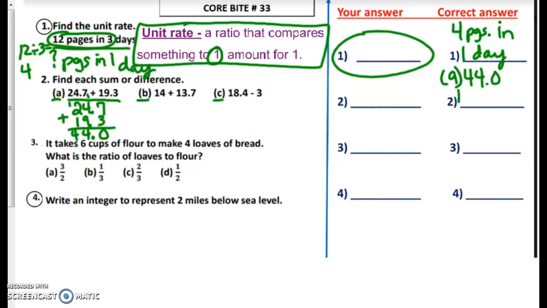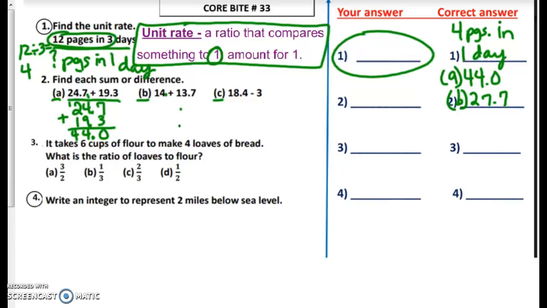For part B, your answer should have been 27 and 7/10. If you did not get that, I need you to show your work and find your mistake. Now for letter B, you are adding 14, which is a whole number, and 13 and 7/10. If you do not see that decimal in that whole number, remember it is at the end.